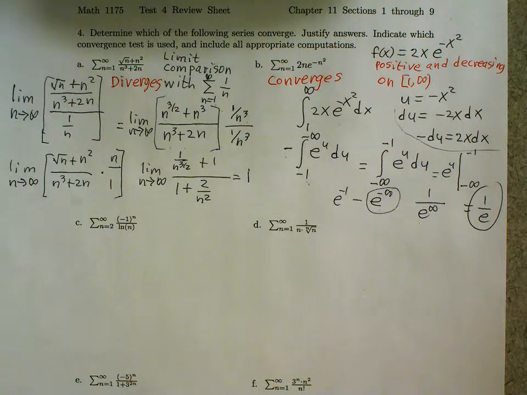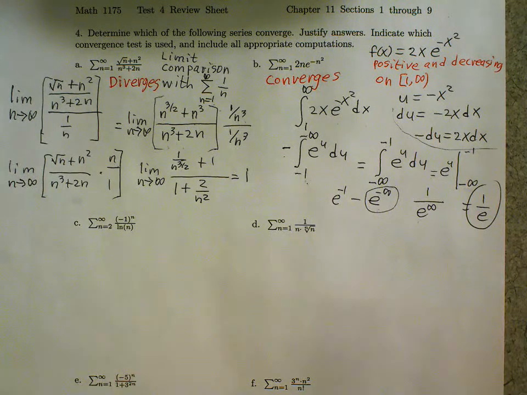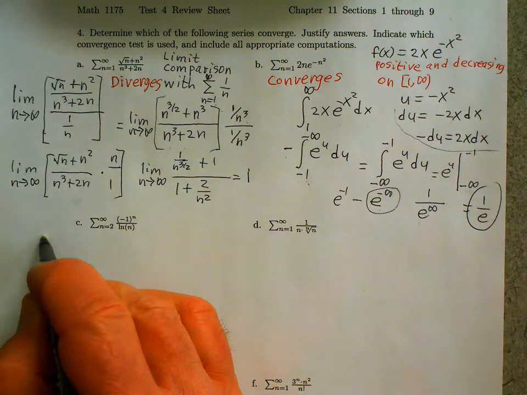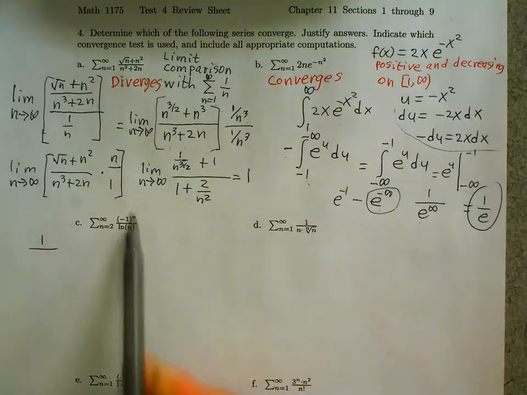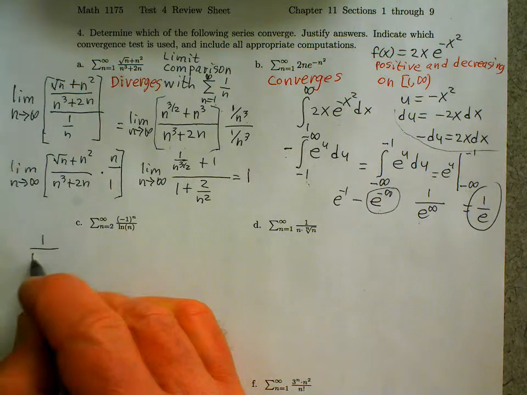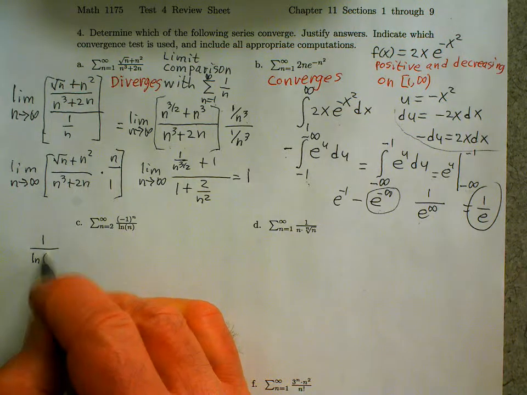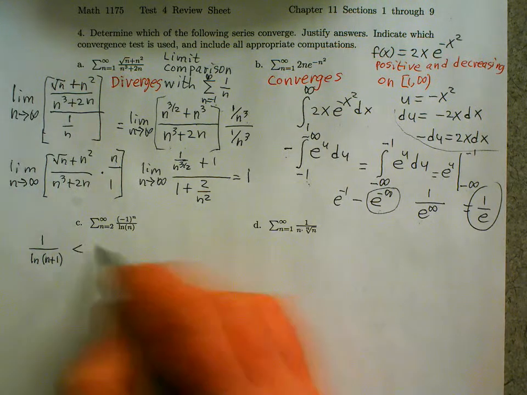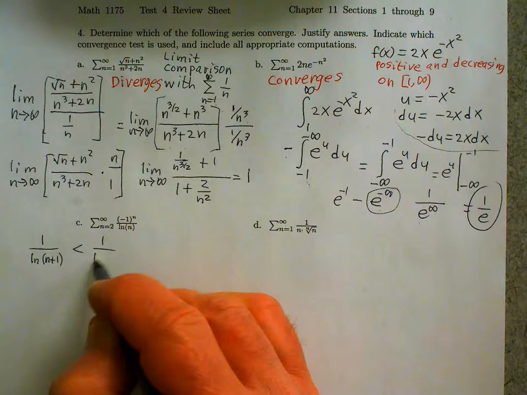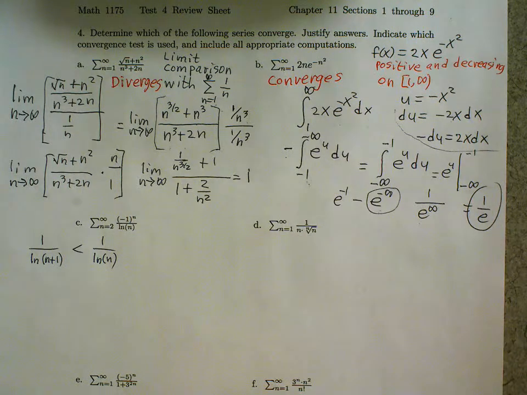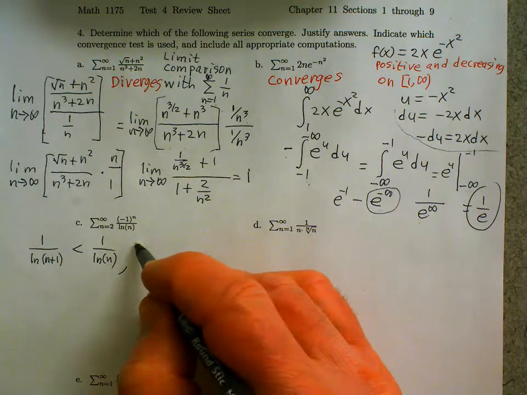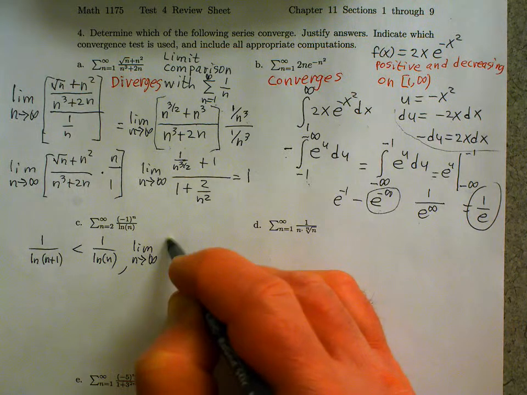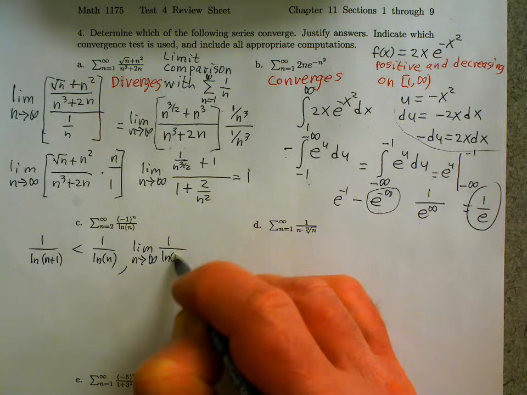Yeah, it is an alternating series. And if you compare in absolute value the n plus first term, 1 over the natural log of n plus 1 is less than 1 over the natural log of n. And the limit as n approaches infinity of 1 over the natural log of n equals 0.